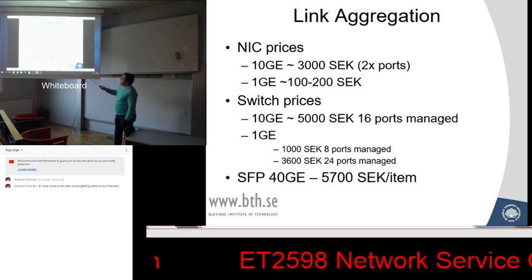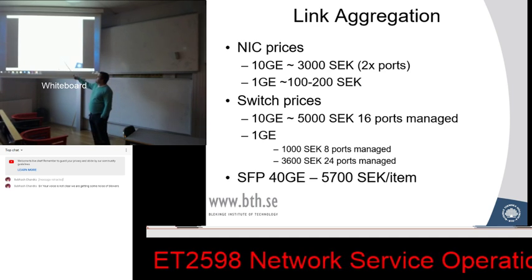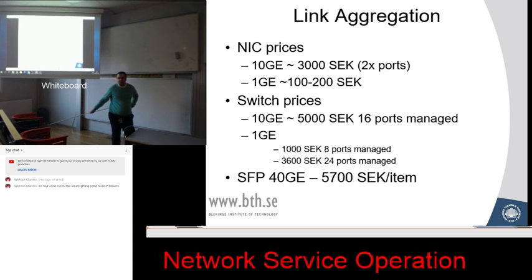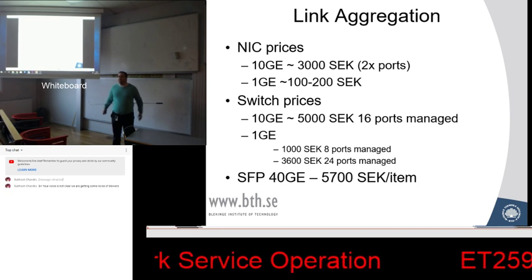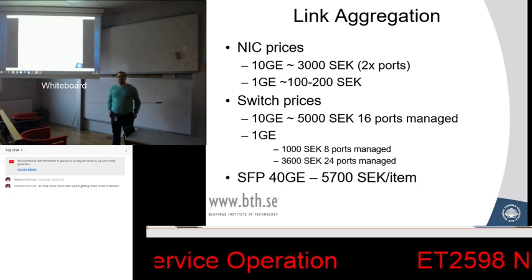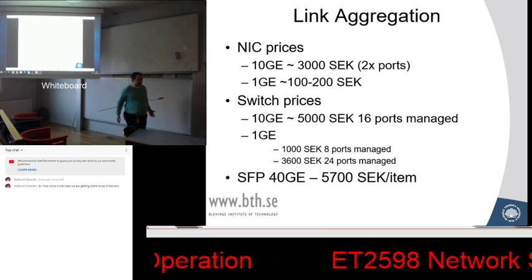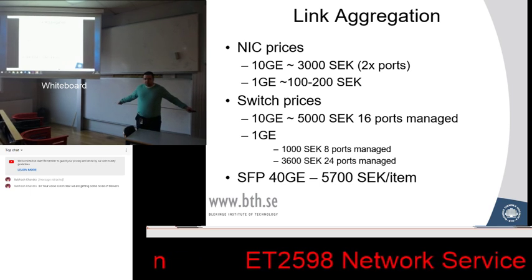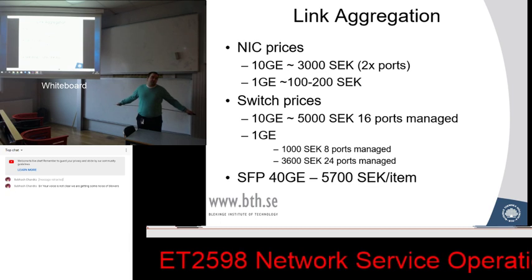Now, a NIC for 10 gigabit cost around 3,000 crowns a few weeks ago. I think this is what you're expecting to buy if you buy a server grade NIC. You can get a cheaper desktop NIC, something you can put in your personal computer that you turn on and turn off.